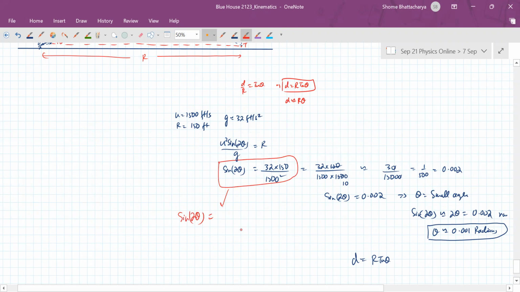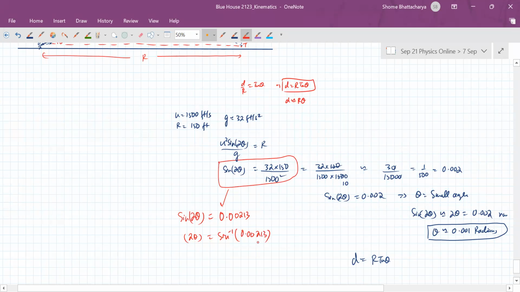If I do 32 divided by 15,000 instead of 30 divided by 15,000, I get a value like this: 0.00213. So 2 theta is sine inverse of 0.00213.